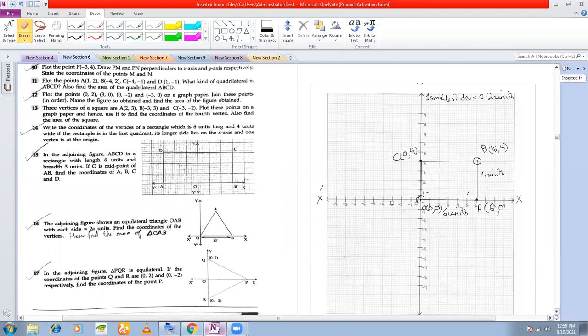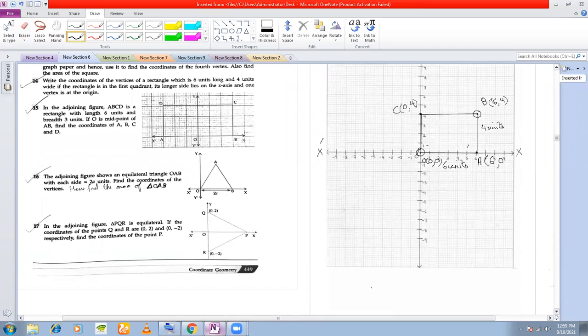Let's see if any other part is there in the question. Write down the coordinates of the vertices. That we have done already. So let's write down the vertices of the rectangle OABC.